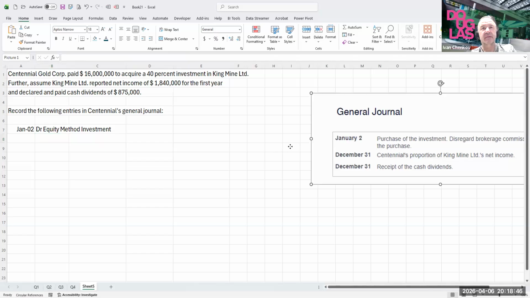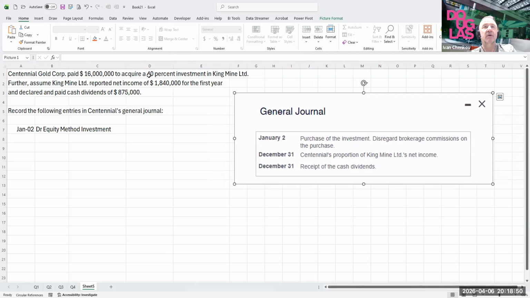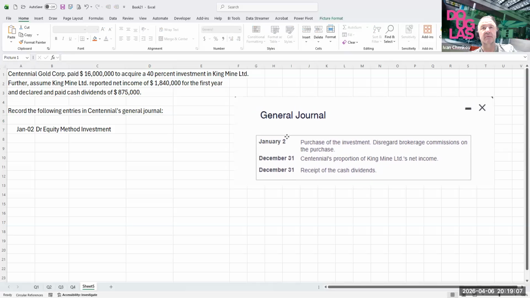So how can you get the right entry? Well, very simple. This is a strategic investment, obviously, since you acquire more than 20%. It doesn't give you control over the company, but it gives you significant influence. If you have significant influence, that means you have to use the equity method.